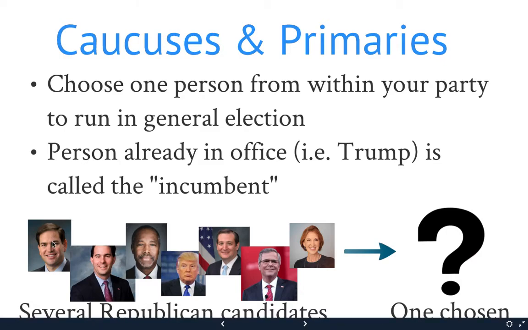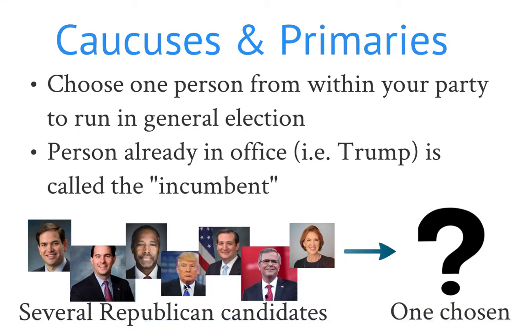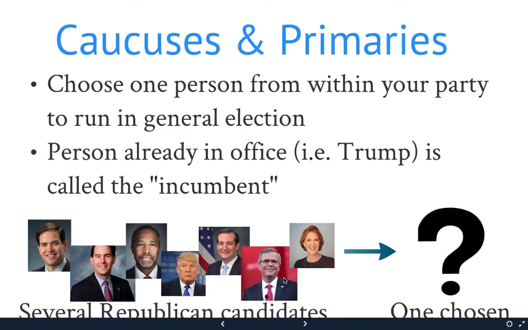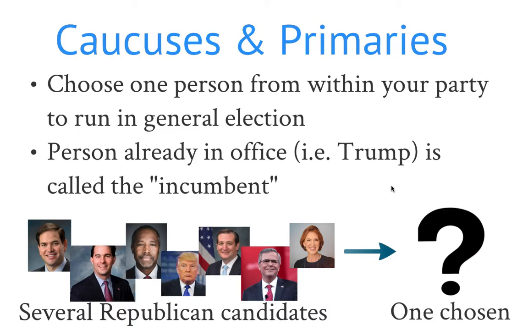You got Marco Rubio, Rick Santorum, Ben Carson, Donald Trump, who eventually became the nominee and then eventually the president, Ted Cruz, Jeb Bush, and Carly Fiorina. They had debates from February all the way till about May, June, July, and it ended up coming down to Donald Trump being the nominee for the Republican Party.